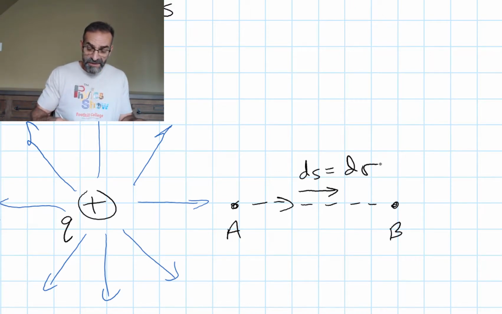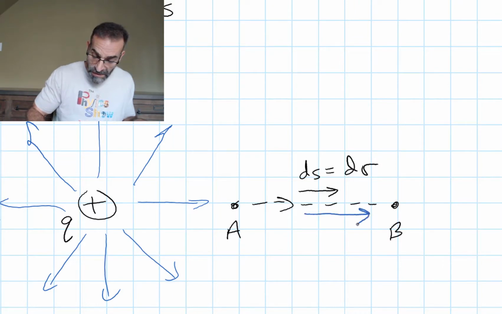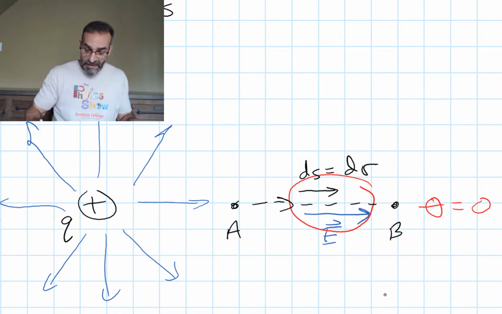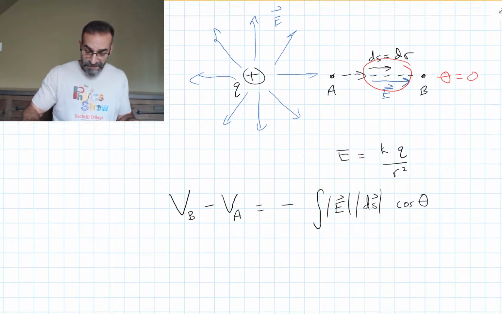My electric field also points in that direction. That means that when I look at these two vectors and put their tails together, I get a 0-degree angle. So the dot product is going to have a cosine of 0 degrees in it, which is just 1.